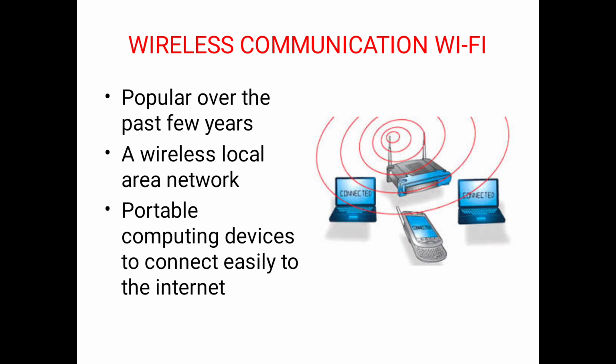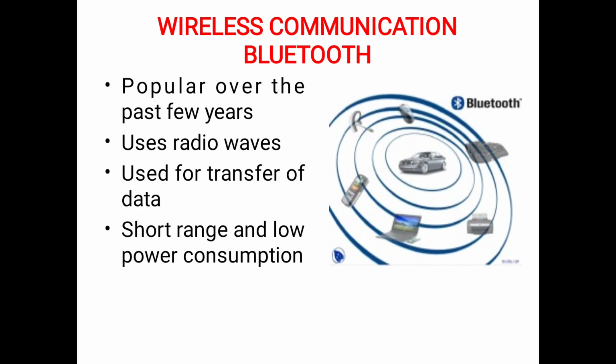Local area network means in one place it can transmit around, depending upon the speed and accessing. Then it can easily connect to the internet. Portable devices for internet purposes. Wi-Fi is mainly used for internet purposes, so more devices are connected to one particular device.